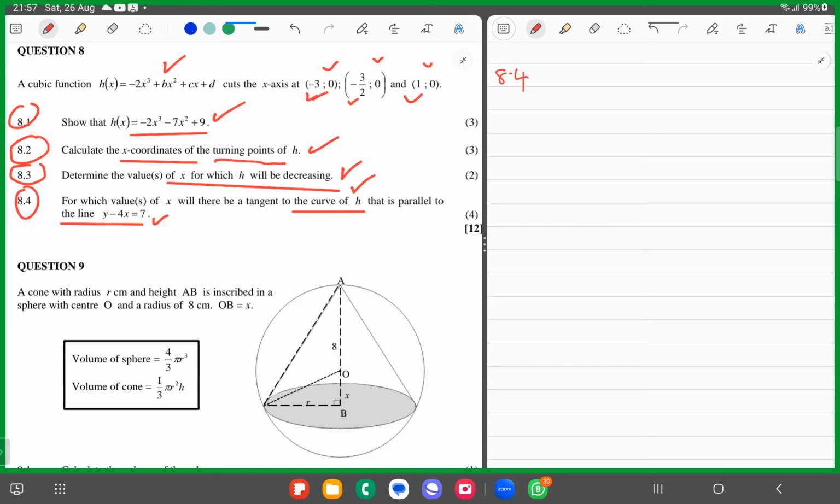Let's look at this one. Question 8.4. A tangent to the graph of h that is parallel to the line would have the same slope. So in other words, you have y minus 4x is 7, which means y is 4x plus 7.